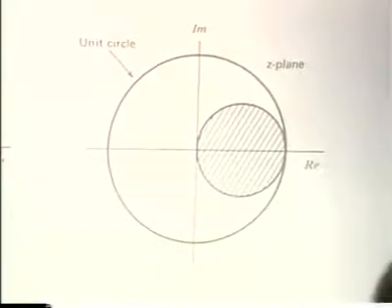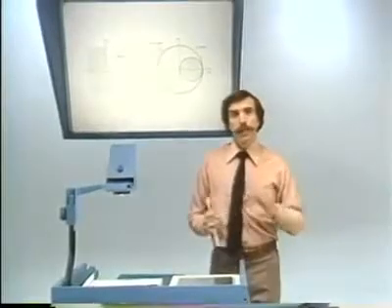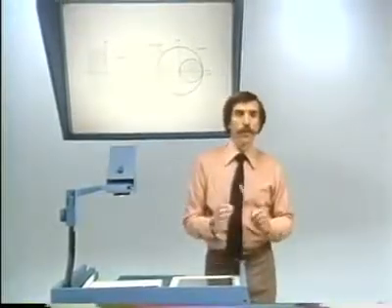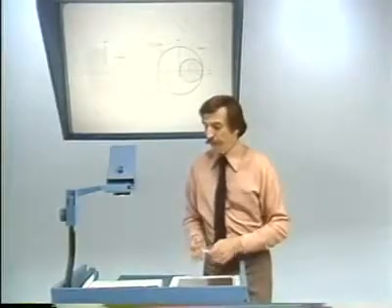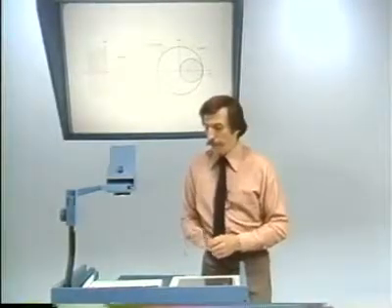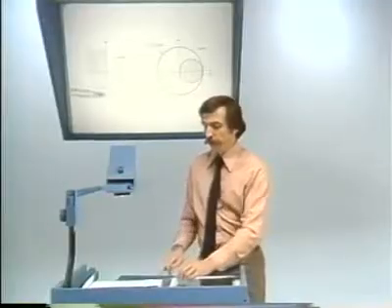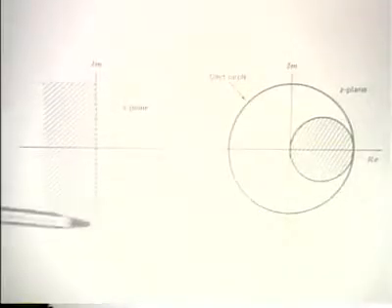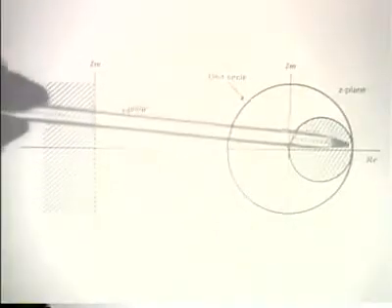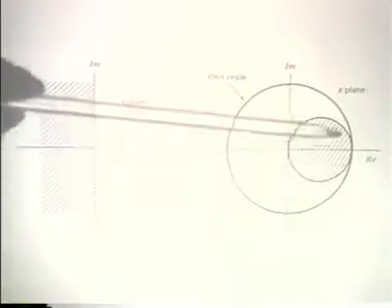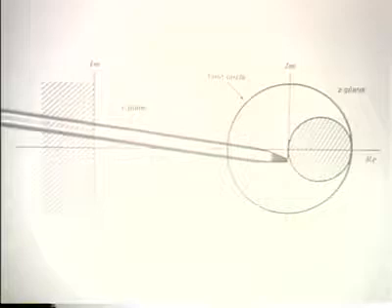Now, the mapping from the S-plane to the Z-plane corresponding to replacing derivatives by backward differences can be shown to correspond to mapping the j-omega axis not to the unit circle, but to the little circle that I show here, which is inside the unit circle.